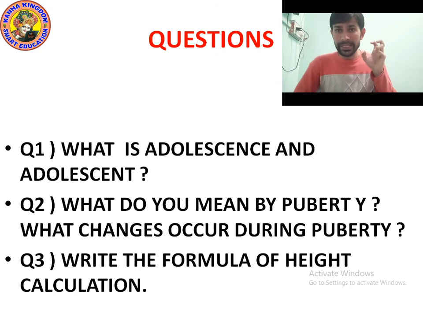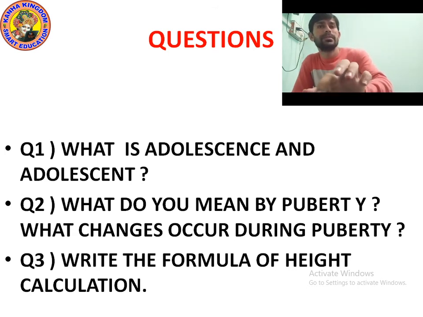The age at which our reproductive organs start functioning is actually known as puberty. That is the meaning of puberty. The reproductive organs become functionally active at that age, and that age is called puberty.